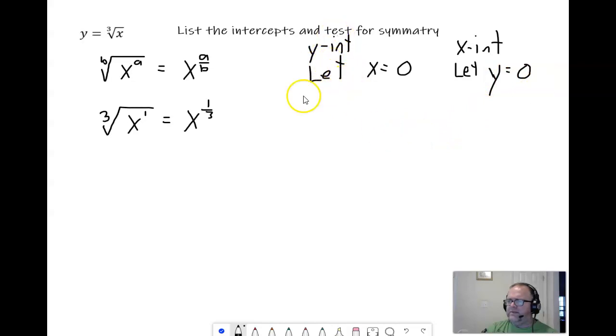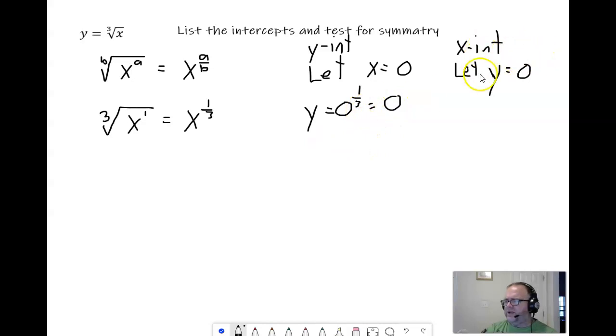For the y-intercept, if you let x equal 0, you get y is equal to 0 raised to the 1/3. Hopefully we know that 0 to the 0 power is a pretty peculiar and somewhat complicated situation, but 0 raised to any power other than 0 is simply equal to 0. That tells me that when x is equal to 0, y is equal to 0, and that's the origin.